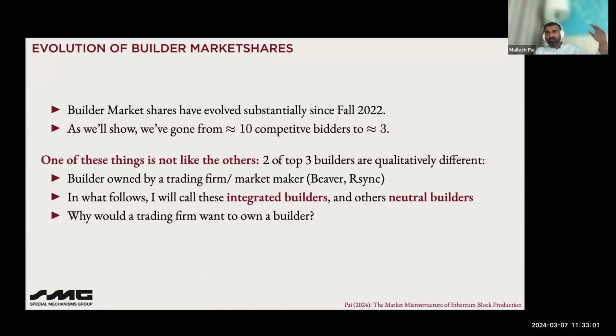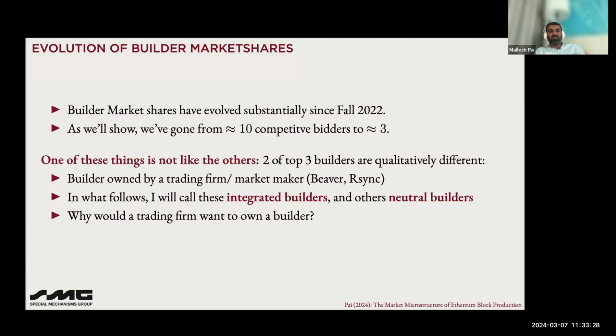People send them transactions, they receive them, and they try to assemble them into the most profitable block they can. rsync and Beaver are builders that, I mean, they are publicly known to be owned by a trading firm or a market maker. I'll try to show you evidence of that from the chain and from transactions. I'm going to call these integrated builders and call the others neutral builders.